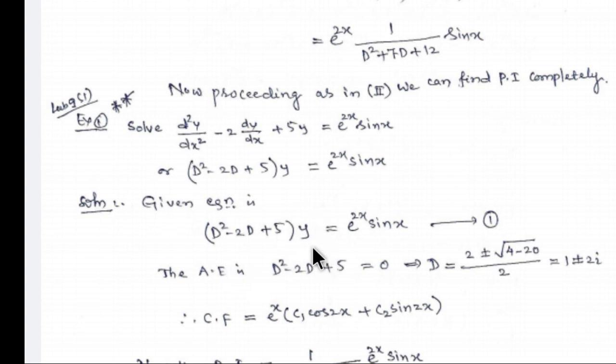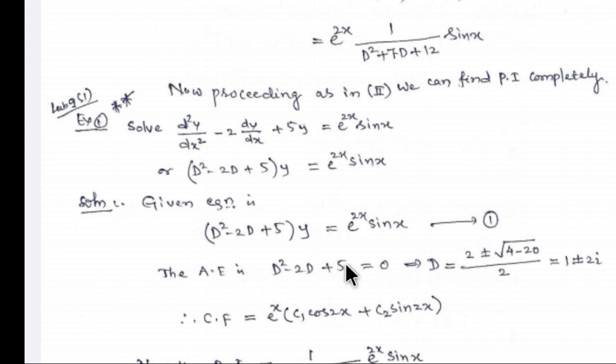First you find the complementary function. To find the complementary function, you know that you write the auxiliary equation of this. The auxiliary equation is D square minus 2D plus 5 equal to 0. Here D is treated as an algebraic quantity, or you can take m in the place of D: m square minus 2m plus 5 equal to 0. This is not factorizable. Using the formula method you can solve this.